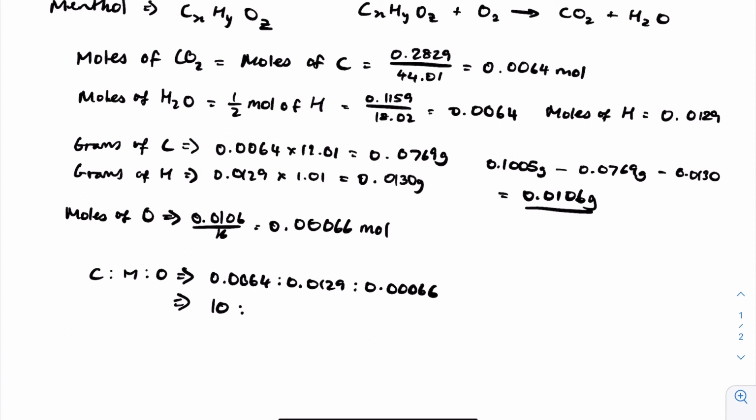Then 0.0129 divided by 0.00066 is 20 to 1. So because 0.00066 divided by itself is just 1. So that means the empirical formula of menthol is C10H20O. But we're not done there.